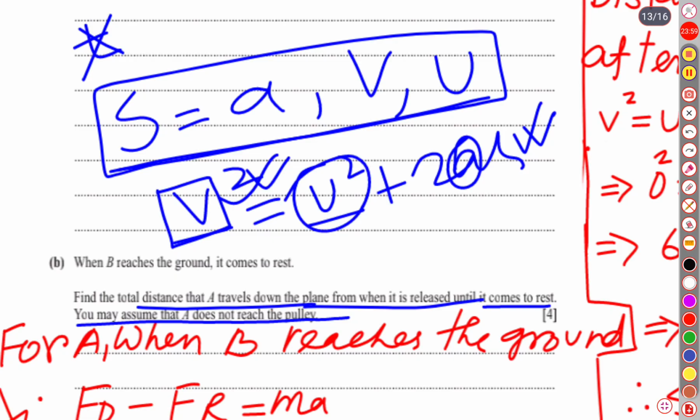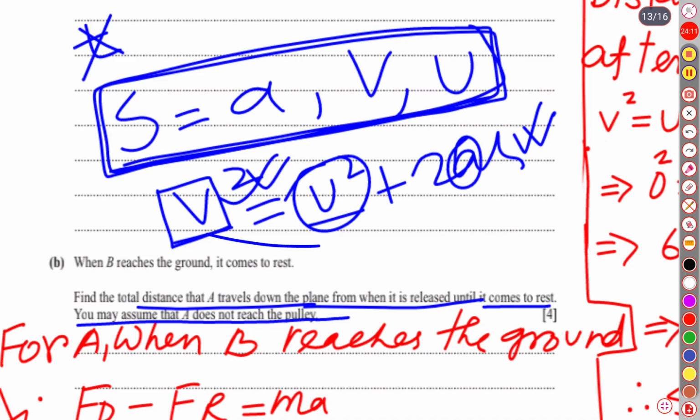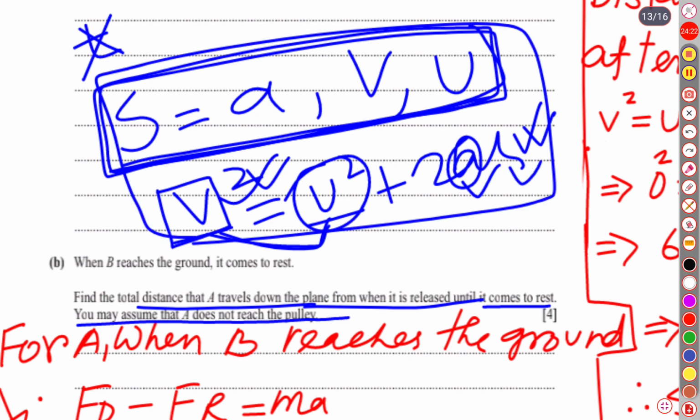So we have decided we are going to apply the SUVAT formula, and among them, time is not involved here at all. That's why, except t, there lies only this formula, which includes initial and final velocity as well as acceleration and distance. Now one by one we will find our required information. First, we should know the acceleration.